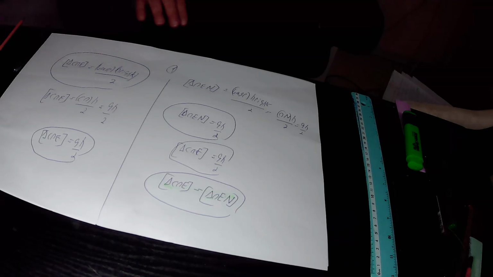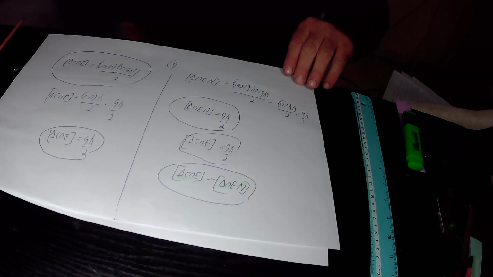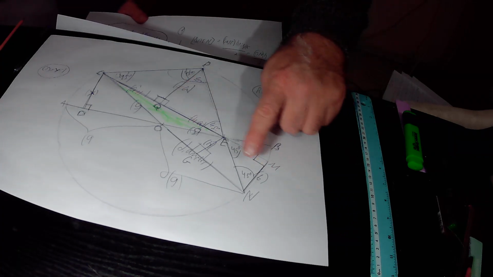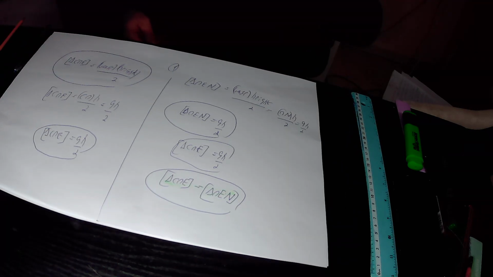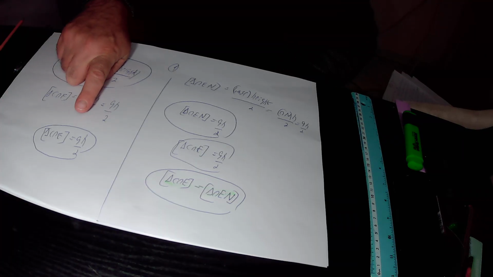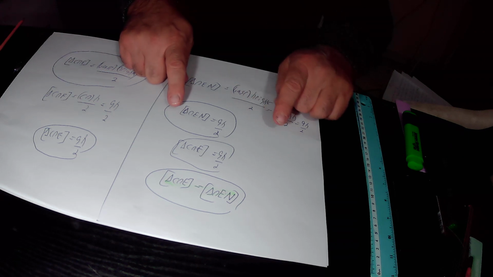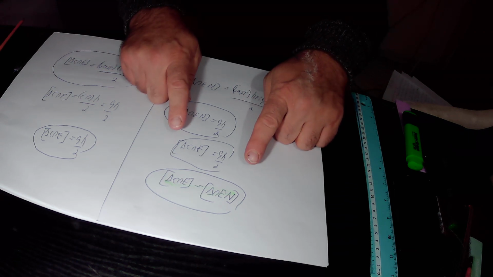So the area of the lower triangle equals the base ON times the height H over 2. ON is the radius of this circle, that is 9. So the area of the lower triangle OEN equals 9H over 2 square units in size. But the area of the given triangle COE also equals 9H over 2. Therefore, the area of triangle COE equals the area of the lower triangle OEN.